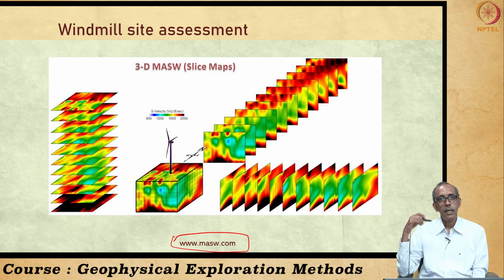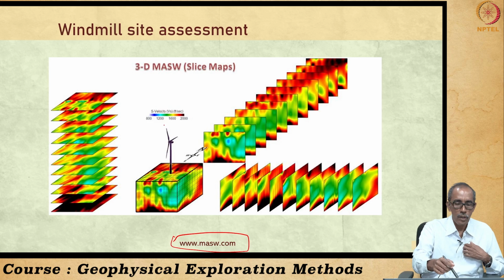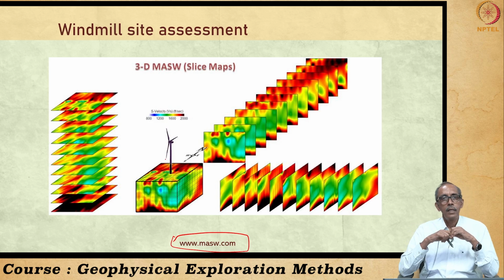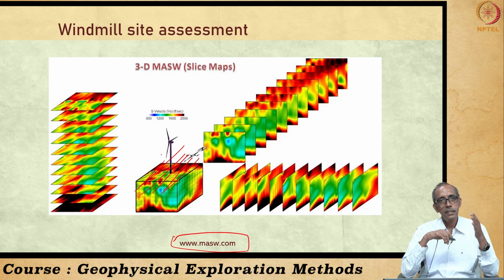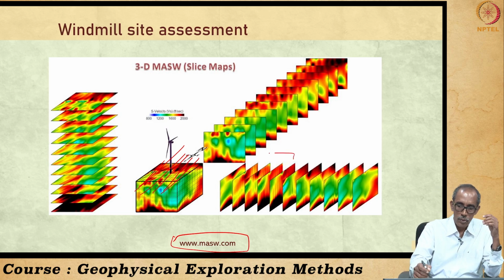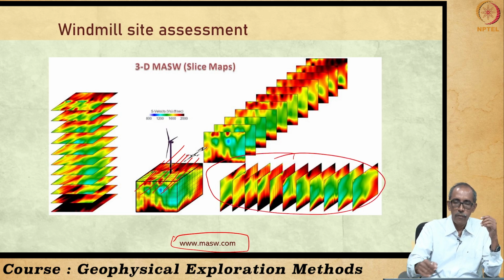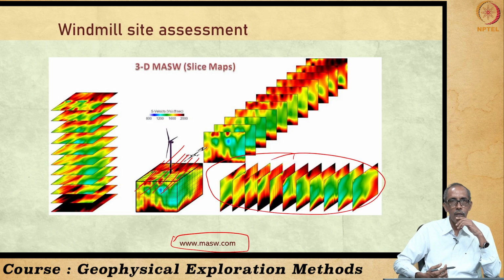It will create a lot of vibration too as these wind blades rotate. Here MASW has been carried out in several profiles, as I was drawing earlier. Since we have got sections at several profiles, you can have vertical sections wherever you want.